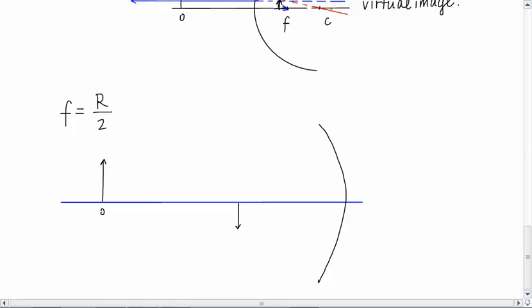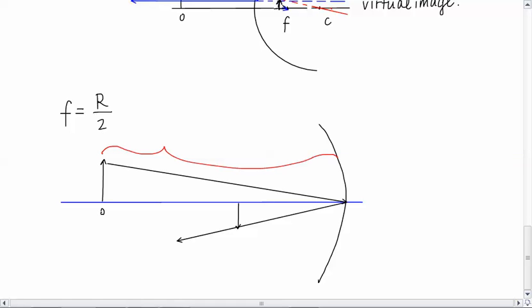And now that I know where the image is, I can draw any ray I want to, because I know where it is going to start, and I know where it must go to because I know where the top of the object is. So we have discussed the distance between this object and the mirror as being our DO, and the distance between the image and the mirror as being DI.